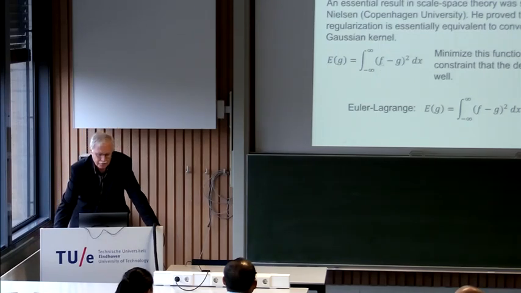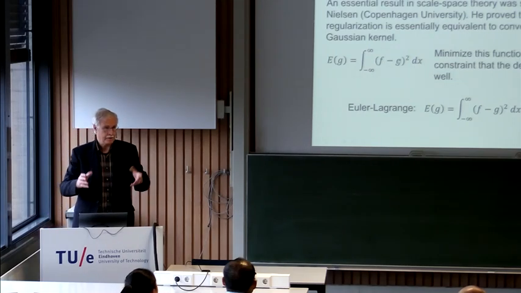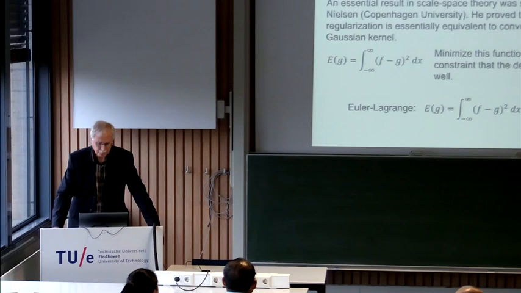So he says, I take f, and this is my process function, minus g, and I look at the square, and I take the integral, and I call it the energy. So we're going to minimize this function for g, because g means if I do something with my function, it should be pretty close. If I do nothing, g is the identity, then this becomes 0, and then, of course, there is no difference. I have still the same original signal.